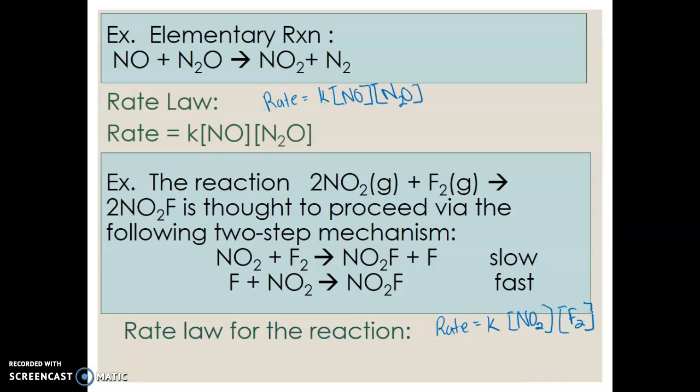If your first step of the reaction is the slow step, then you're going to write the rate law off of that. Ignore the fast step if it occurs second. The first step, the slow step, dictates how quickly the reaction can occur.